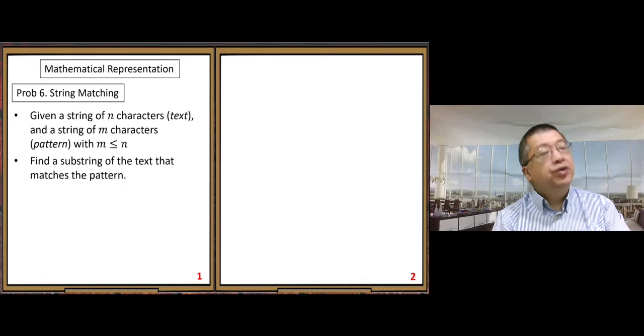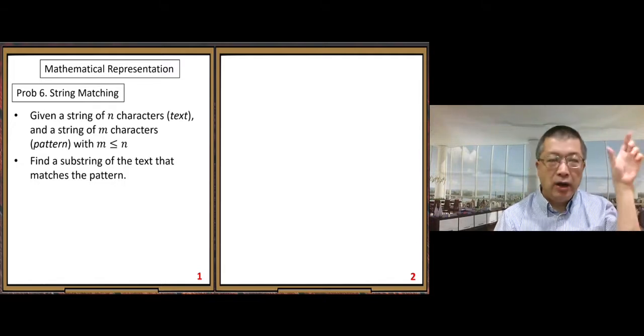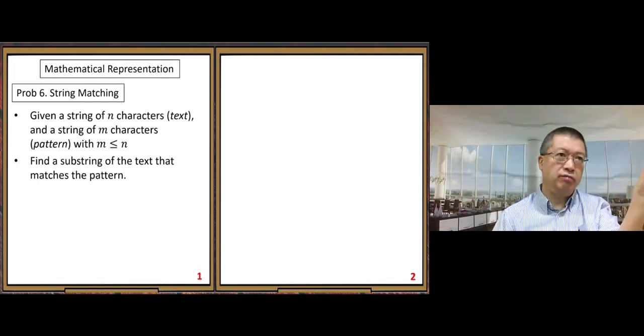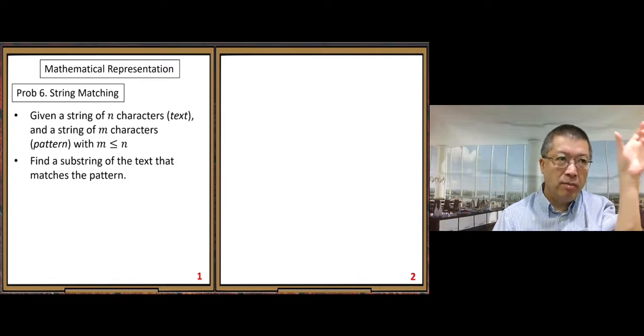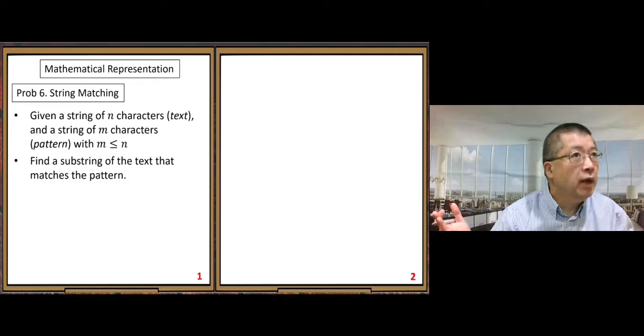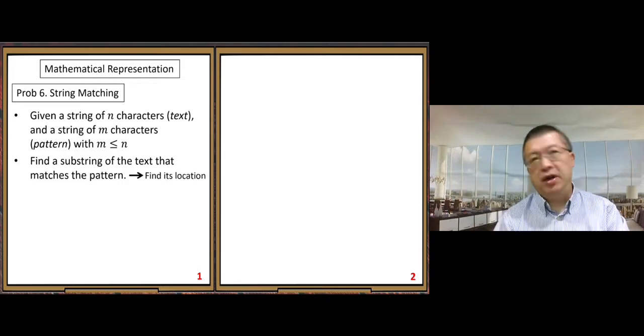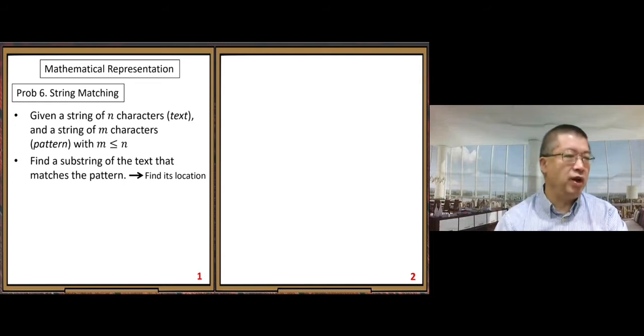So what do you mean find? What is the output? We want to know what is the output. Suppose we get a match, one substring matches this pattern. What do we return? Location. Find its location, the location of the substring.